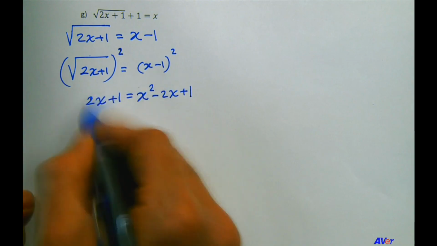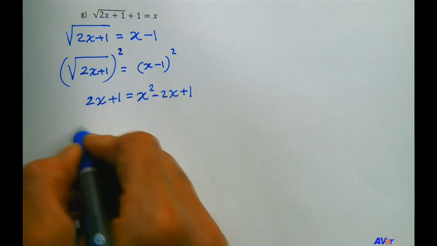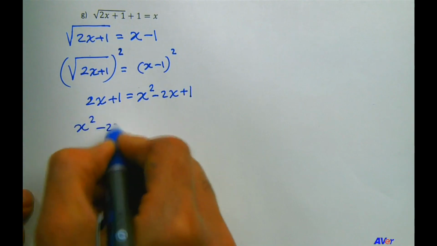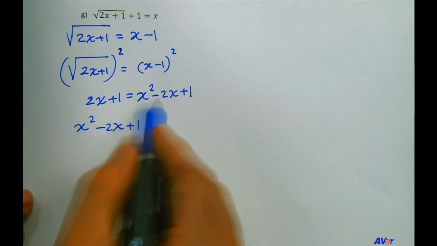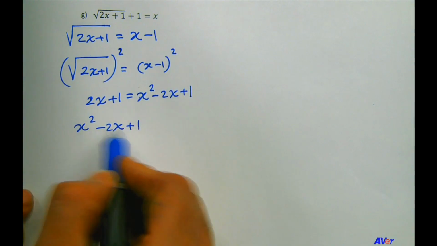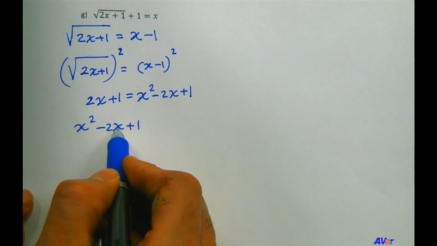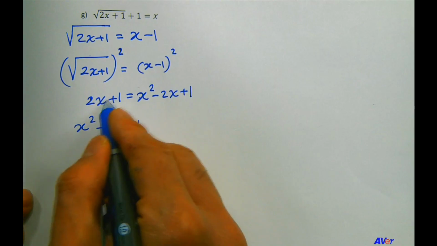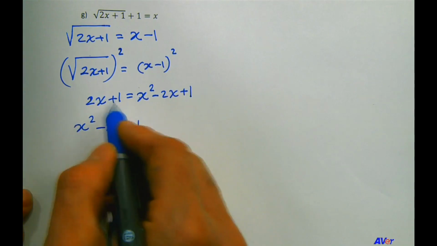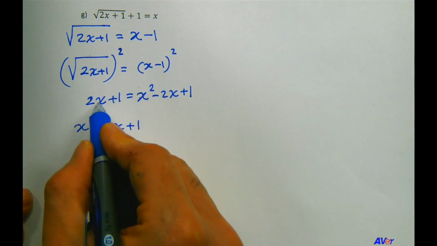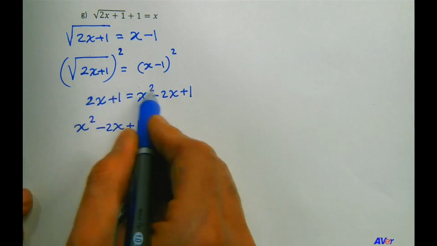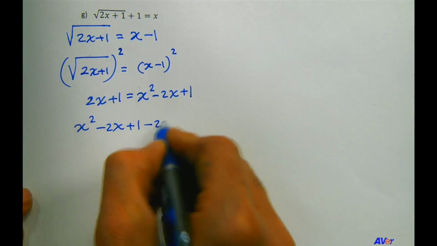I'm going to move these two to the other side. I kept x squared minus 2x plus 1 on one side. Notice the signs didn't change, that means I kept everything where it was. So I'm going to move these two to the other side. 2x was positive on this side; when I move it, it becomes negative 2x.